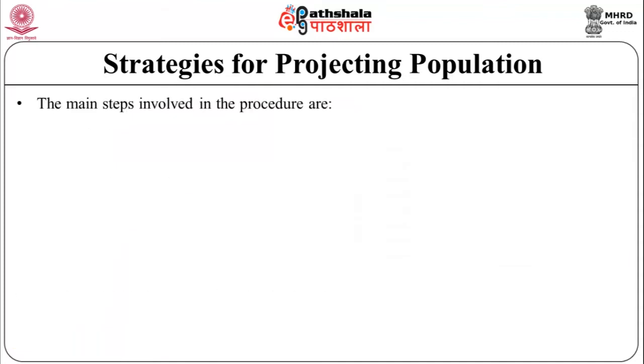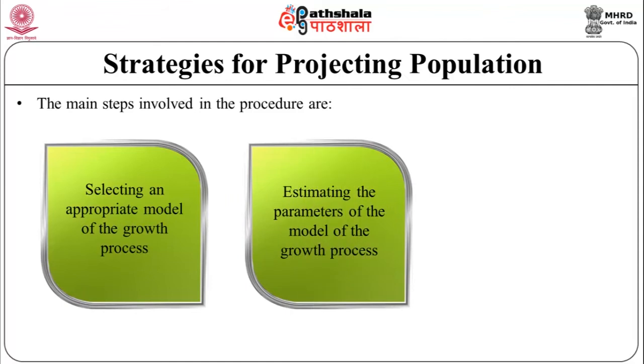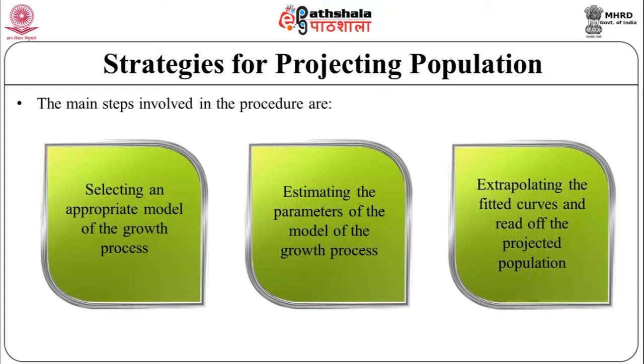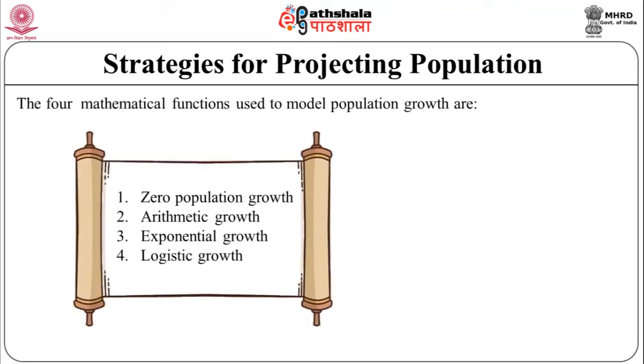Now, the main steps involved in the procedure are selecting an appropriate model of the growth process, estimating the parameters of the model of the growth process, extrapolating the fitted curves, and deriving the projected population. The four mathematical functions used to model population growth are zero population growth, arithmetic growth, exponential growth, and logistic growth.